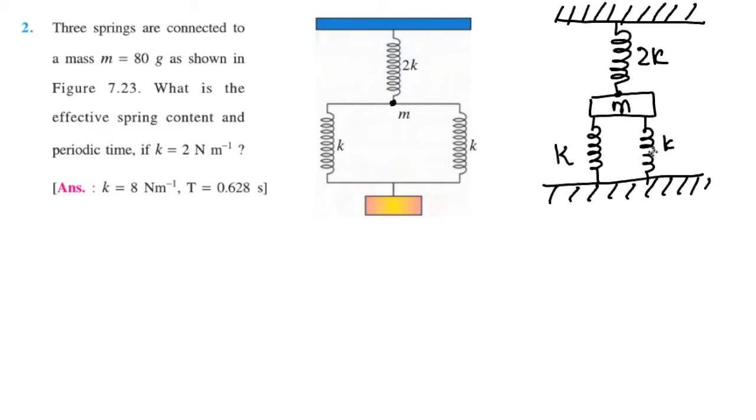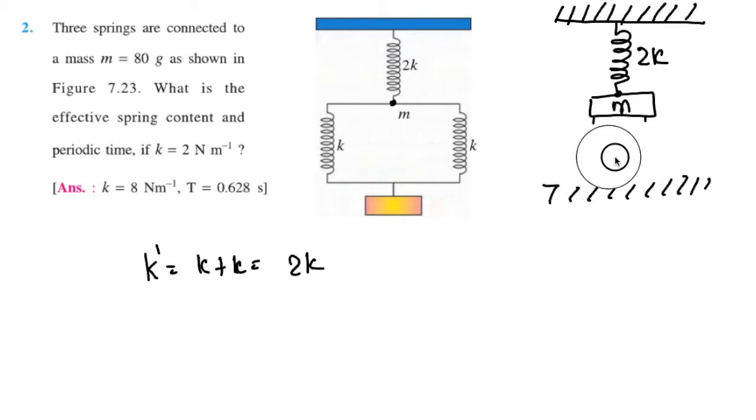These two springs are actually in parallel with each other, and we know that the effective spring constant for these two k's is k dash, that is k plus k, given as 2k. So instead of drawing them separately, we can just draw one spring with the effective spring constant 2k.